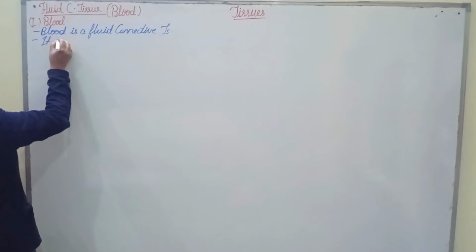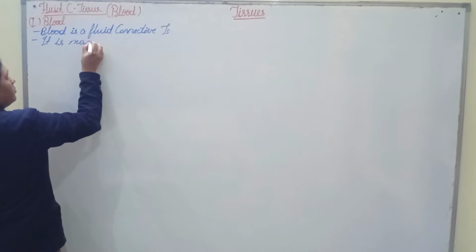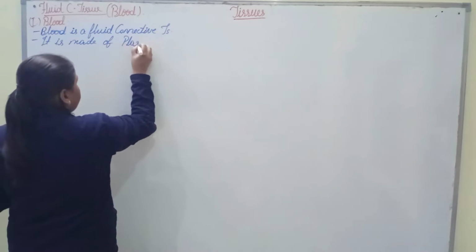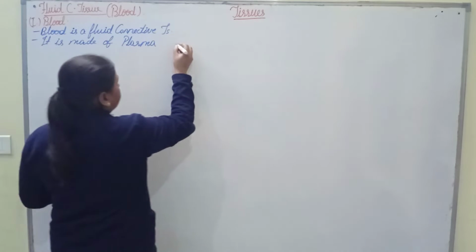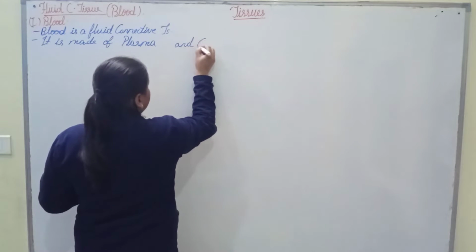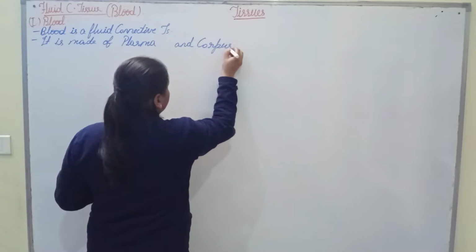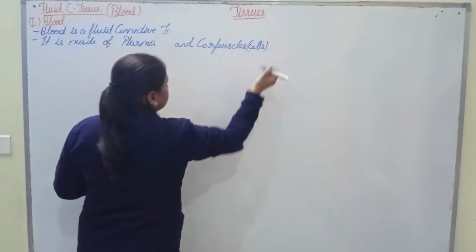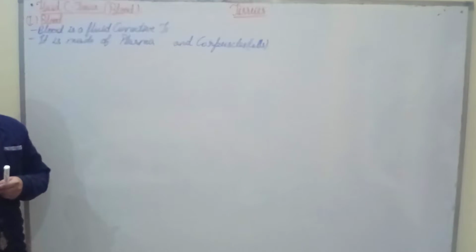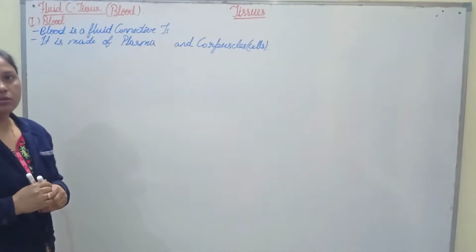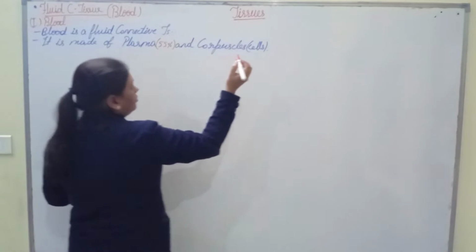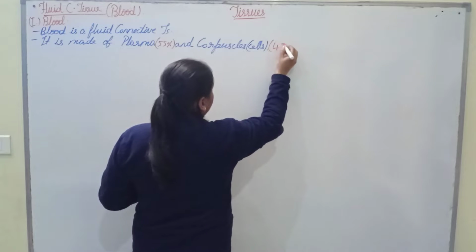It is made of plasma and corpuscles or cells. So blood is made of plasma and corpuscles or cells. This plasma is almost 55%. However, corpuscles are 45%.